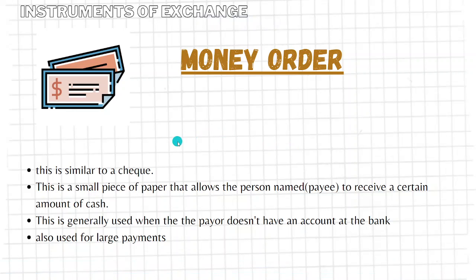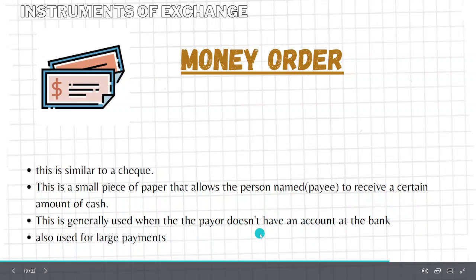This is similar to a check, and it is a small piece of paper that allows the person named to receive a certain amount of cash. So whoever's name, the payee's name, is on the money order, the money has to be paid to them. This is generally used when the payer does not have an account at the bank, and it's also used for large payments.